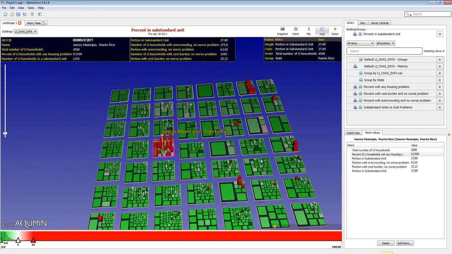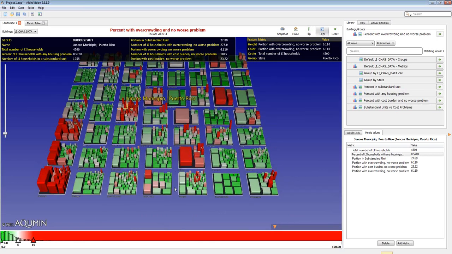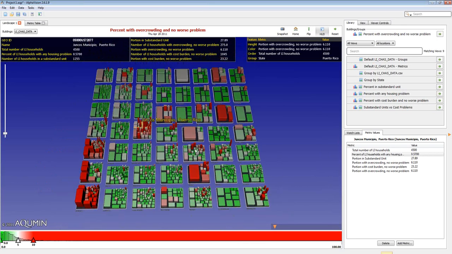Let's look at a slightly different example now, or a different problem, where overcrowding is being reported as the worst problem. And I'm going to click here where it says percent with overcrowding and no worst problem. And now, again, our initial take when looking at the entire country is that overcrowding is not repeated across all states.